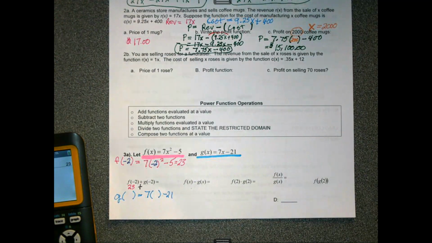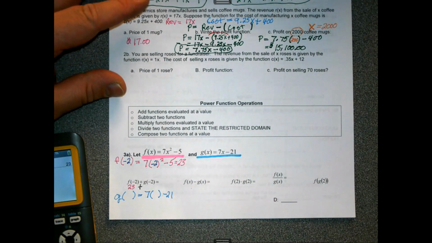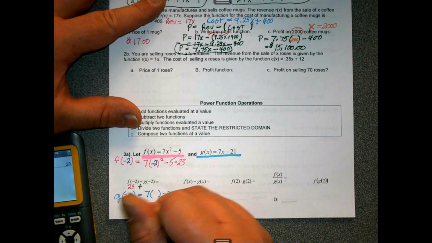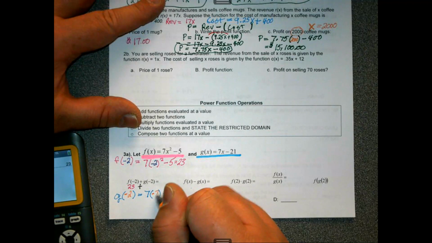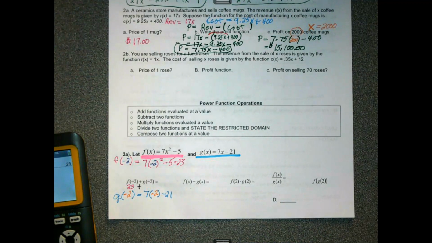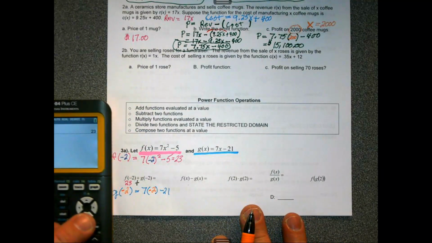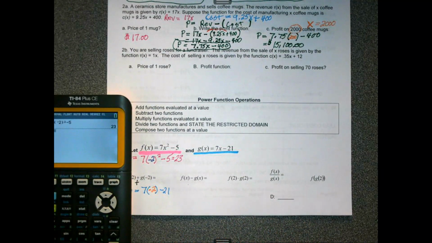I'm substituting in negative 2 for the x. Then I go back to my calculator and put 7 times negative 2 minus 21, and I get negative 35.